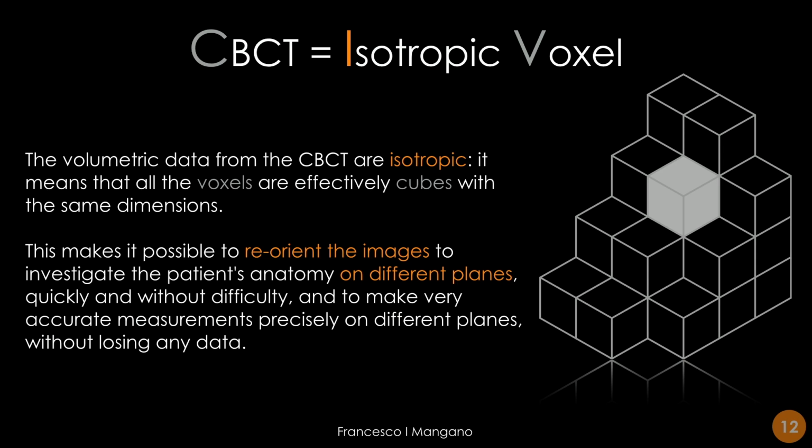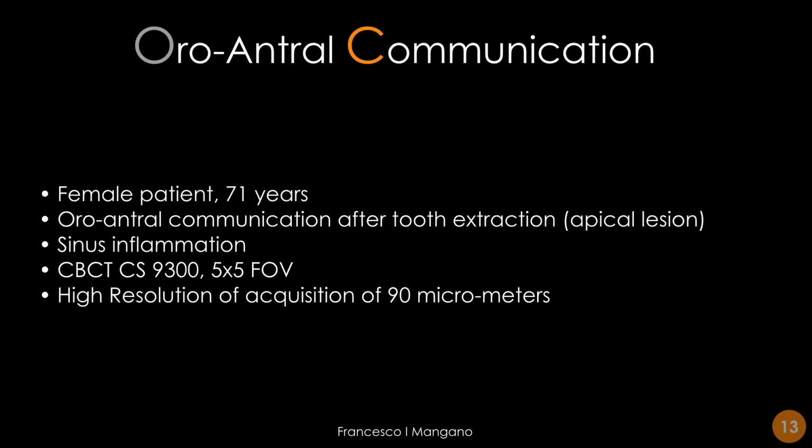And it's quite important. Let's see a few cases in which cone beam computed tomography is a very valuable tool for diagnosis. For example, in this case, we have an oro-antral communication after tooth extraction, which may happen and is quite common. We have in this case a CS9300, a FOV of 5 by 5 centimeters, and a high resolution of acquisition of 90 micrometers.